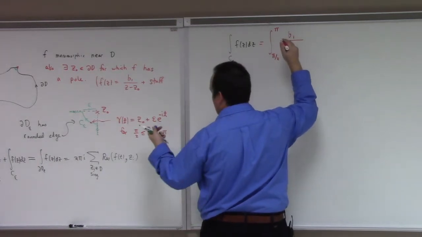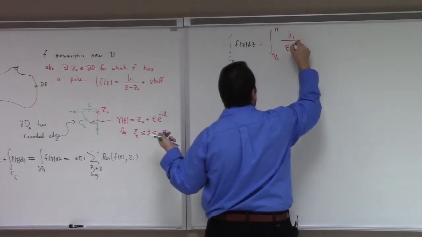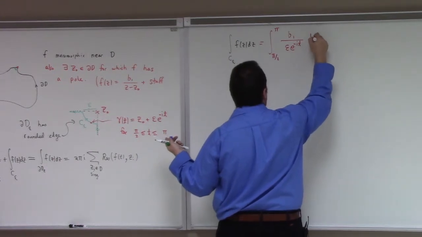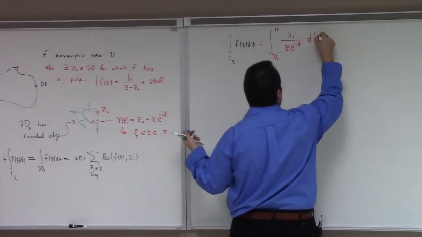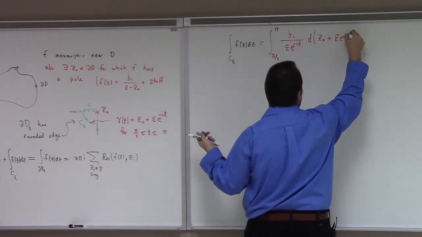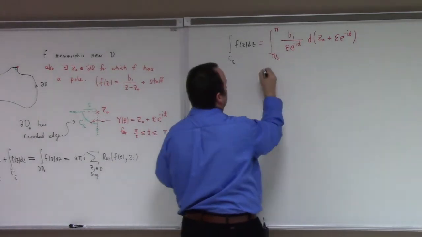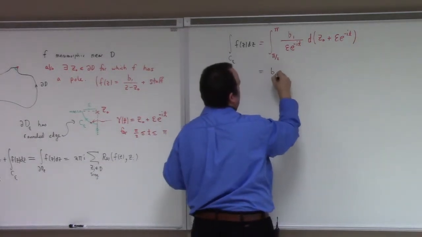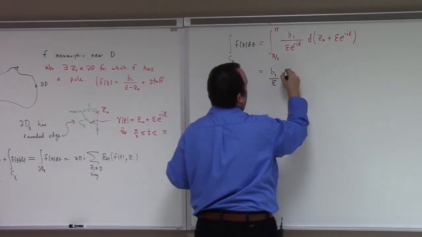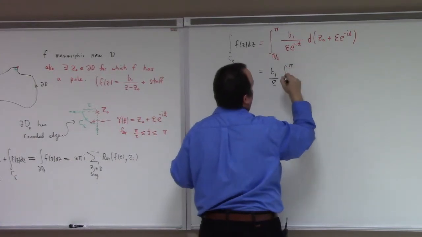Well, z minus z naught is actually what? Epsilon e to the minus it, and then I have the differential of z naught plus epsilon e to the minus it, right? Let's work that out. What's that give us? So b1 is a constant, and epsilon's a constant, we pull it out. And we were looking at the integral from pi over 2 to pi of what we got.